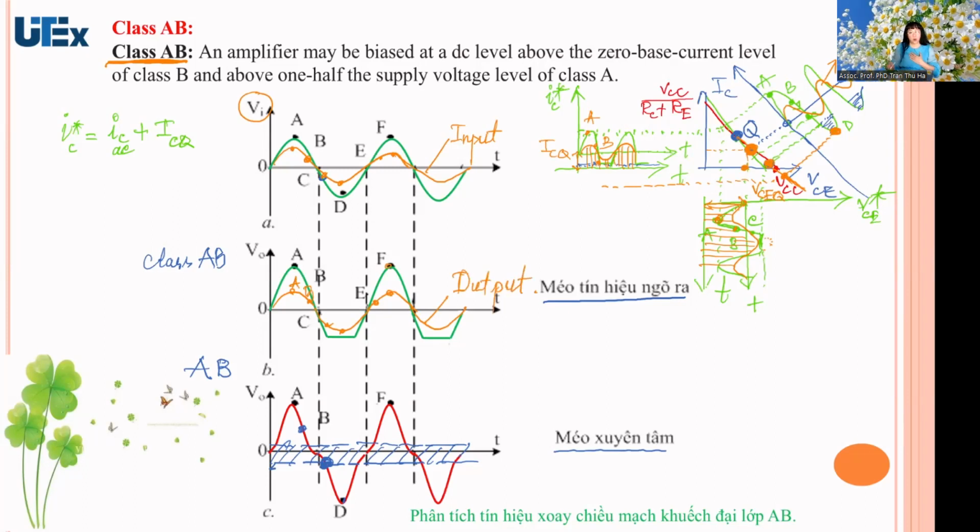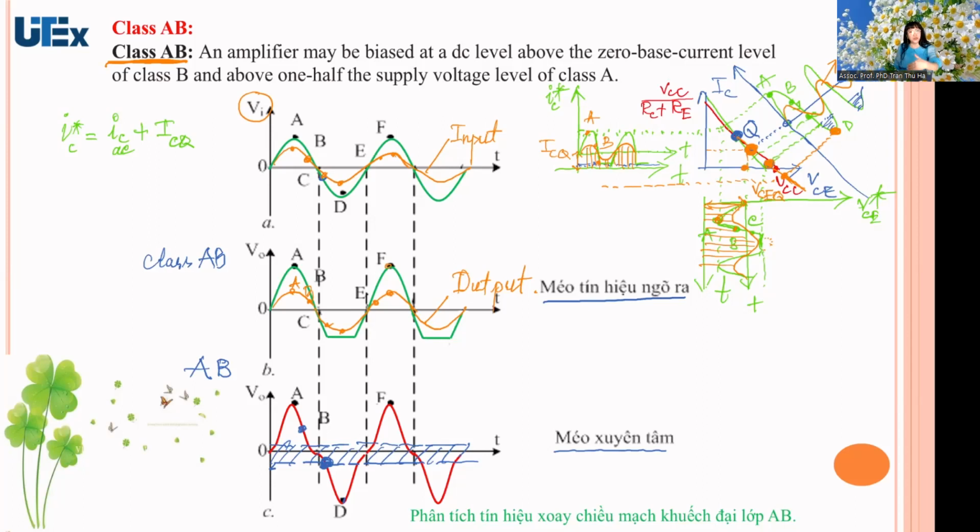We call it, this circuit, for this information, for this input signal, we design a class. You should be to know about this, a class. Its meaning depend on input signal and depend on Q point position.